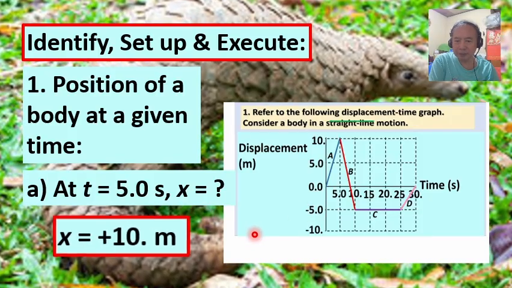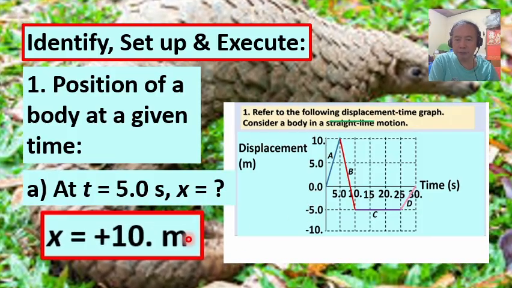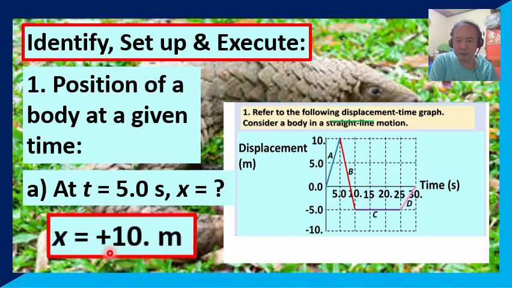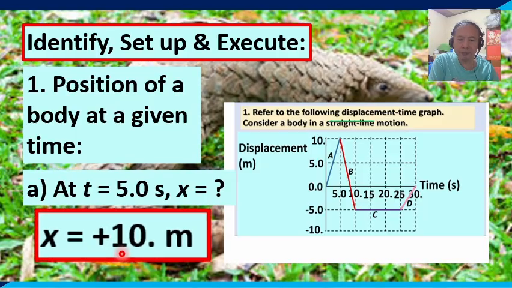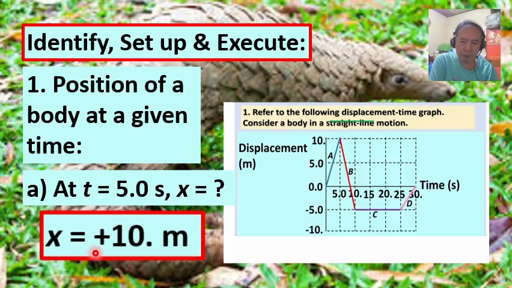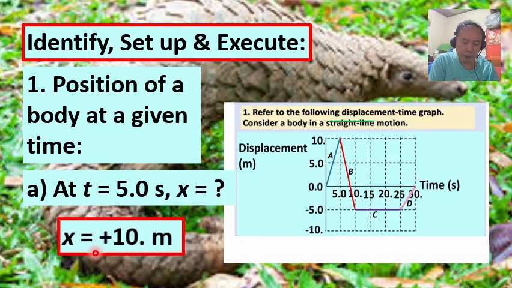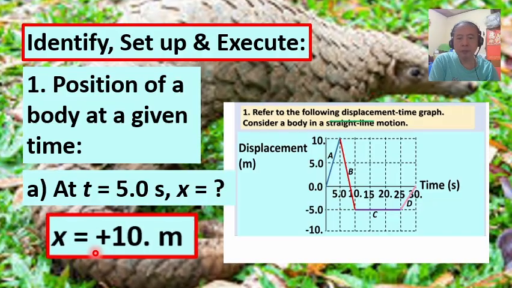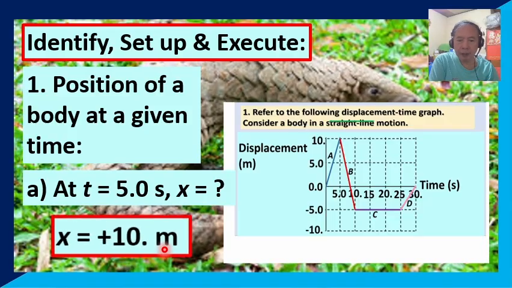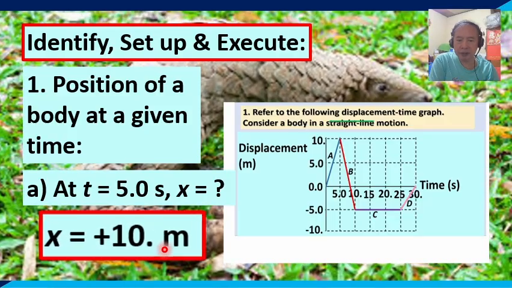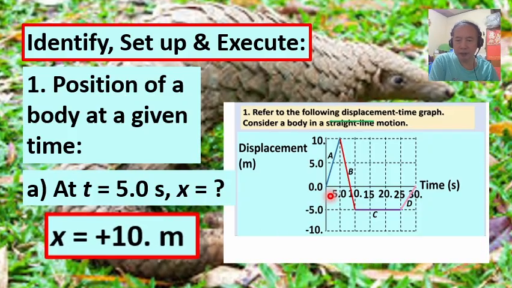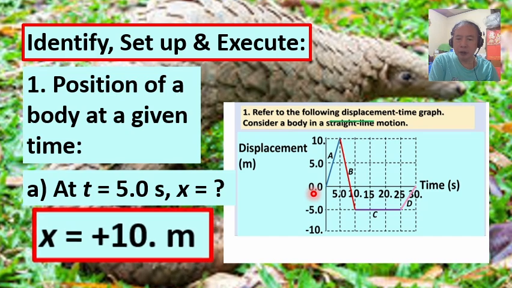But we emphasize that the direction of the displacement or position is positive, right? Which we assume, that the positive x direction means that it is in the east direction, east of the origin.